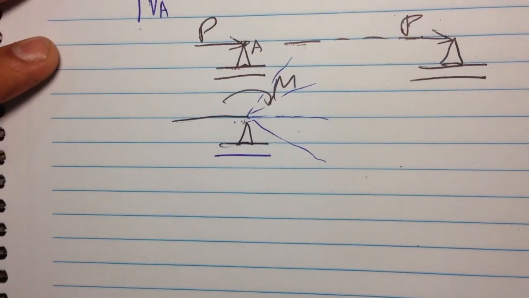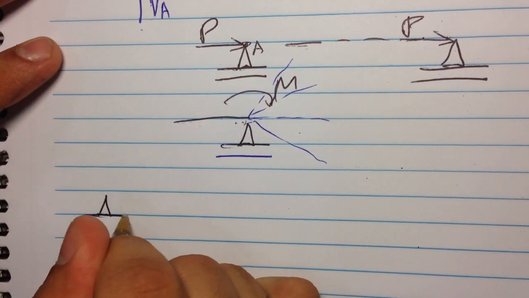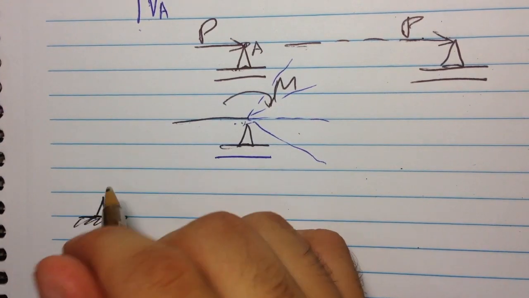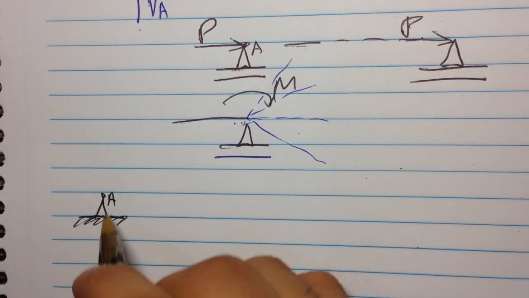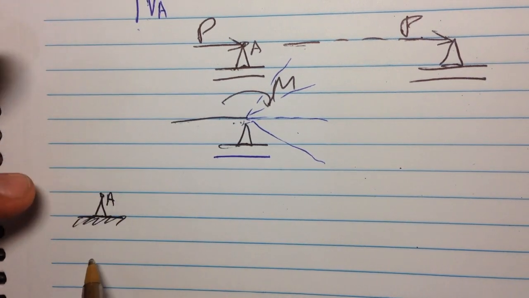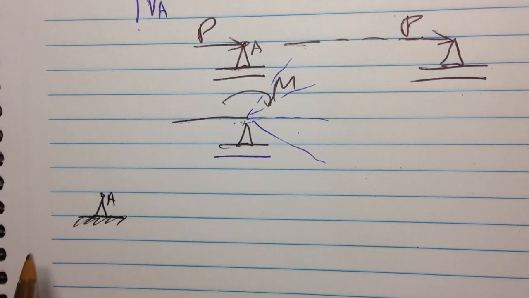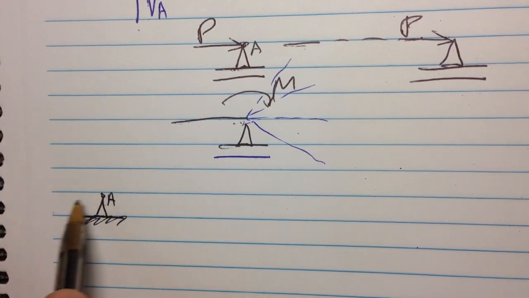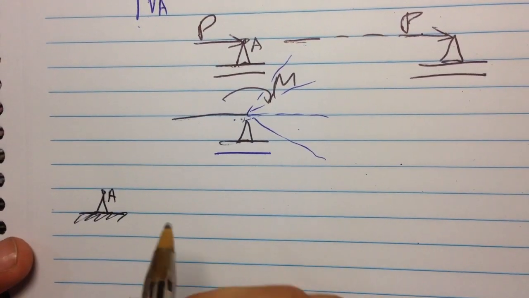Well, let's get now the pin. A pin is a sort of support that restrains the point vertically and horizontally. What I'm trying to say is that this point cannot move up and down and cannot move sideways.